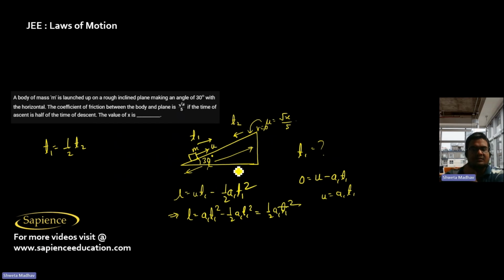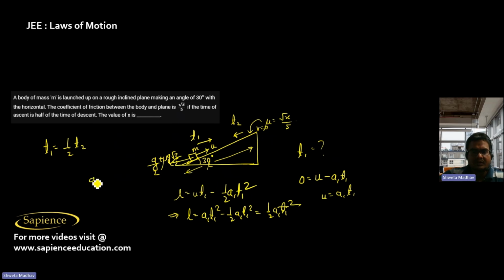So the acceleration while going up, the acceleration that we have to find, actually there is a retardation. So here g sin 30 is acting, g by 2, and the frictional force is also acting, so plus mu mg cos theta. So mu g cos theta, that is g root 3 by 2.